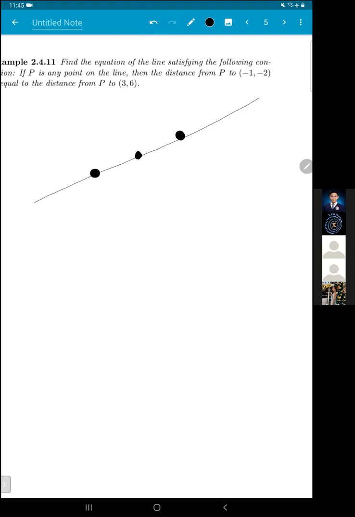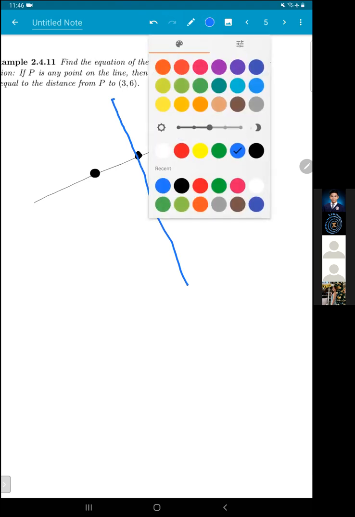Now, I will draw the perpendicular bisector. Now, why did I draw the perpendicular bisector? Because a little analysis will show that all points on the perpendicular bisector are equidistant.